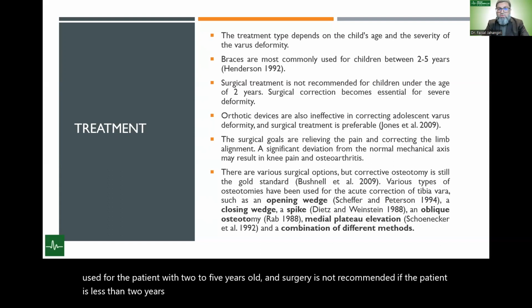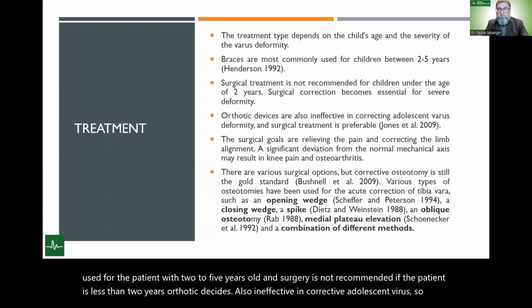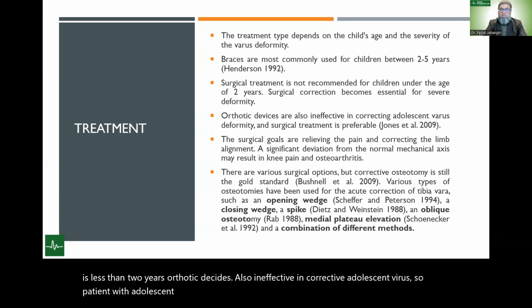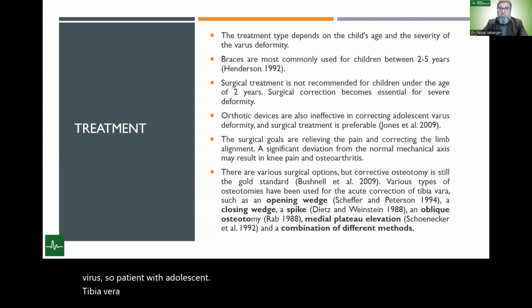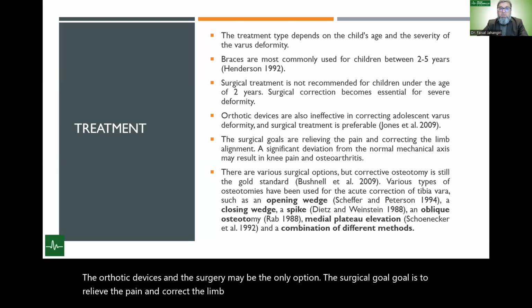Orthotic devices are also ineffective in correcting adolescent varus, so for patients with adolescent tibia vara, orthotic devices and surgery may be the only option. The surgical goal is to relieve the pain and correct the limb alignment, and a significant deviation from the normal mechanical axis may result in knee pain and osteoarthritis.